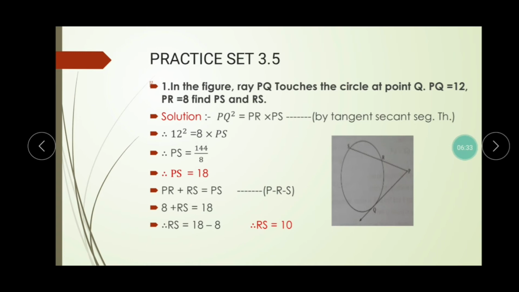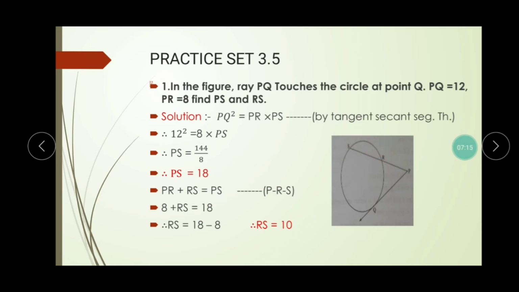So PS will be equal to 12 square upon 8. So 12 square is 144 upon 8. When I simplify this, the answer is 18. So length of PS is 18. Now we have to find out RS. How to find RS? PR is given, PS we have calculated. From PS, I'll subtract PR so that I will get RS.